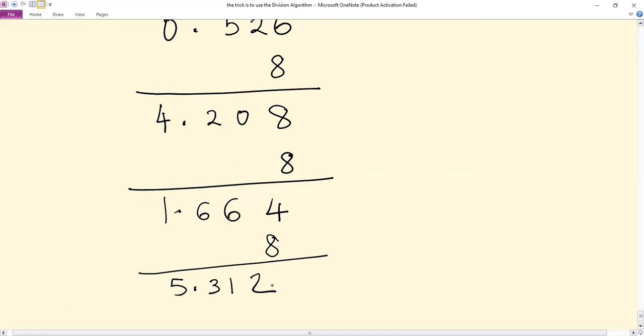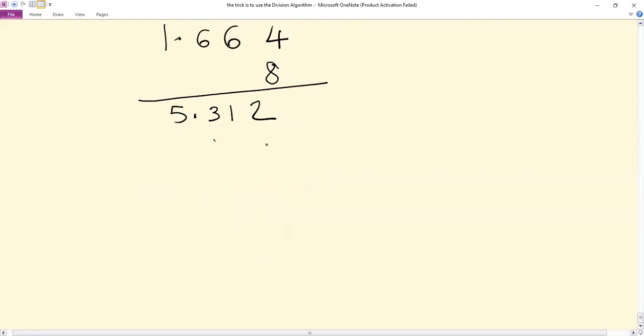And then next, you multiply by 8 still. But remember, only the decimal part is multiplied. So 0.312 times 8 will give you 2.496, and then multiply by 8.